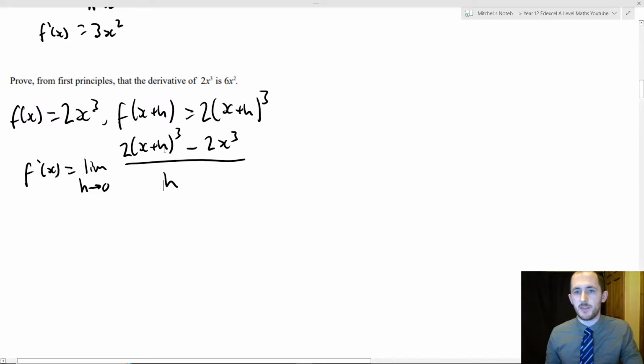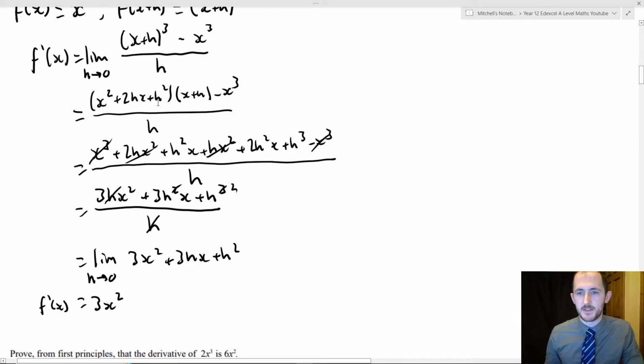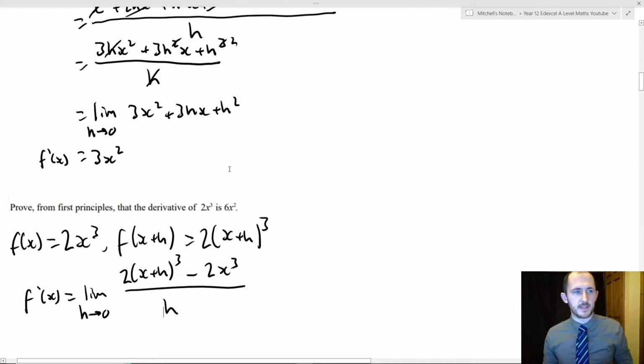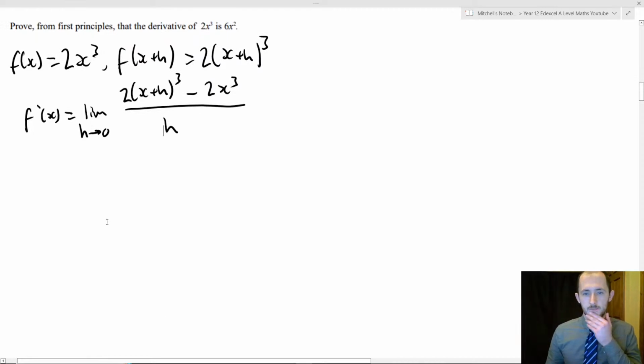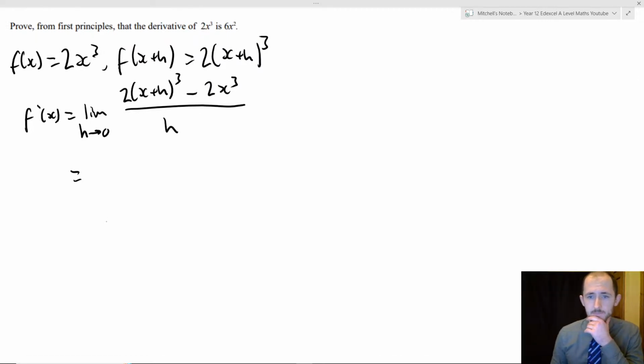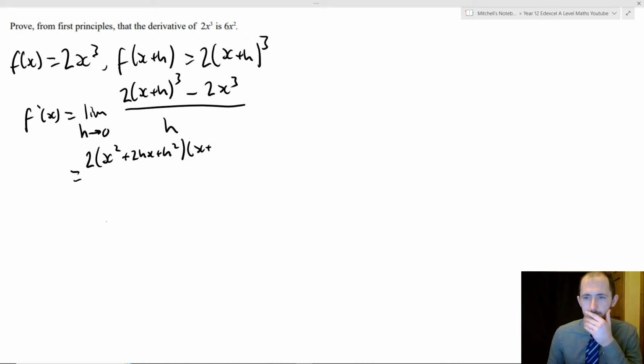We can kind of cheat because we just did x plus h cubed, right? But let's be a bit authentic and let's actually do it again. So we have 2x squared plus 2hx plus h squared times x plus h minus 2x cubed over h.